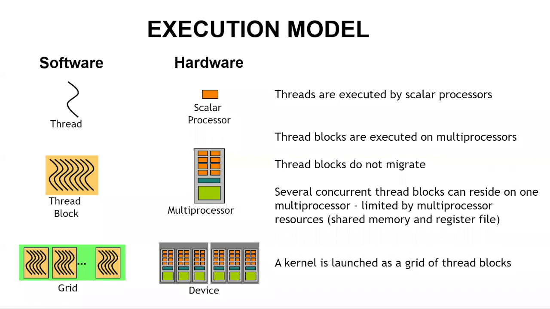With that knowledge, then, if we know that a GPU is built of multiple SMs, that's how we describe a GPU device, then it stands to reason that if I'm going to take advantage of multiple SMs, I must need multiple thread blocks. A single thread block cannot be spread across more than one SM.